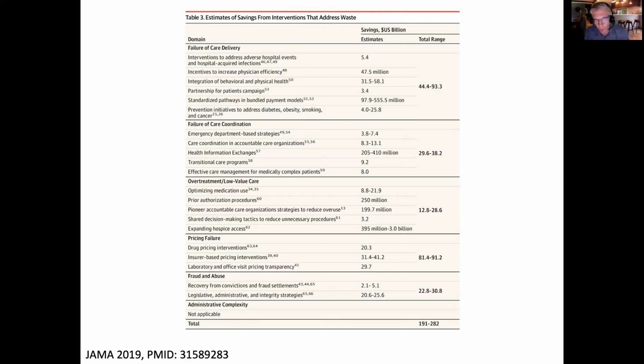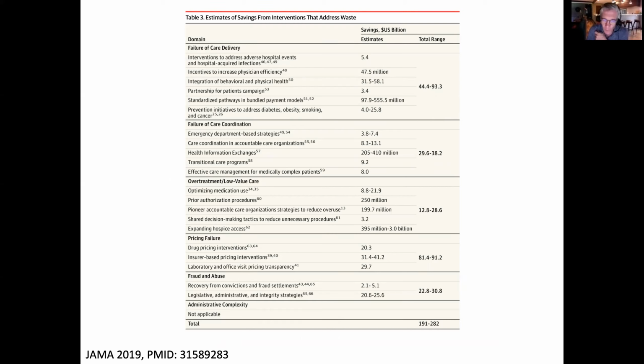So here you see those 6 domains of healthcare waste. And along the right side of this, from a systematic review in JAMA a year or two ago, you see the potential savings from different interventions that have been described in the literature. So there are billions and billions of savings all told there.